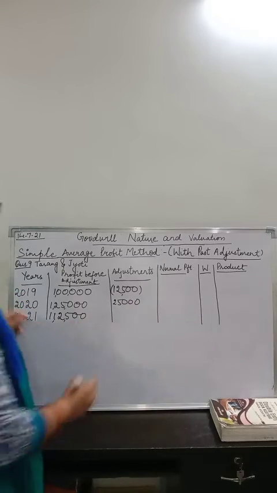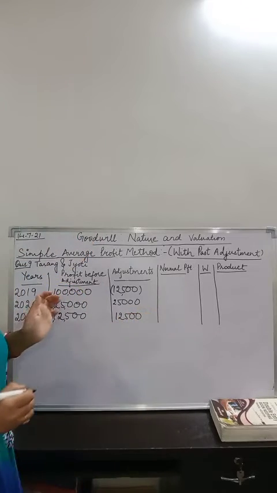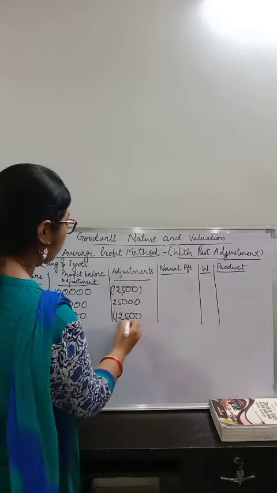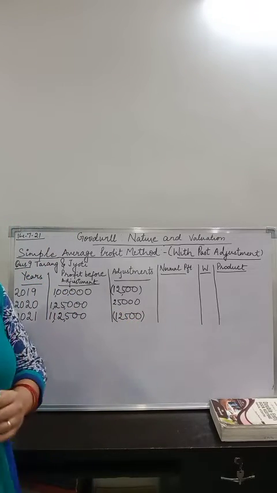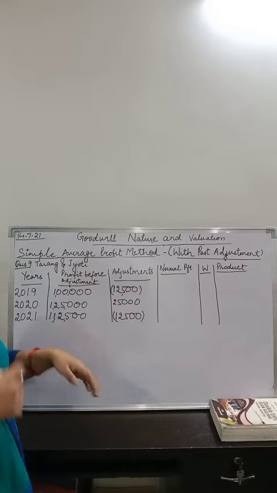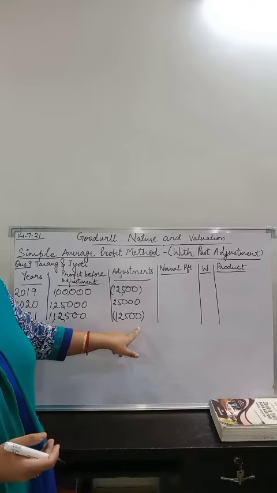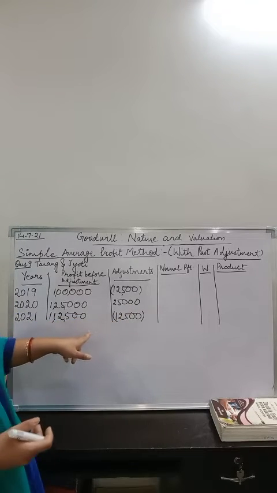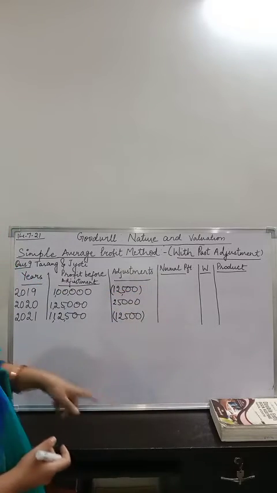Therefore, this 12,500 will now be subtracted from this profit. When you pay the insurance premium, it will be counted as an expense, and it should reduce the net profit. Now let us find out the actual or normal profits which were made.